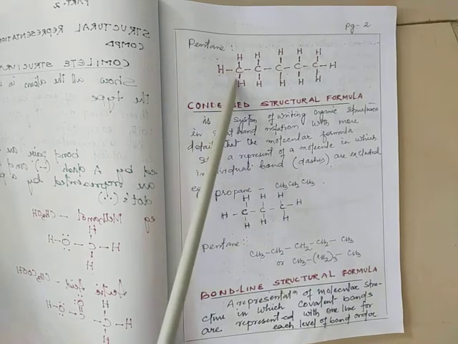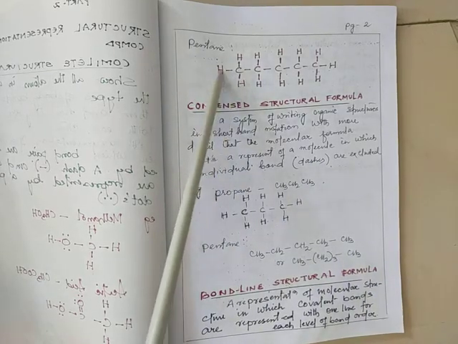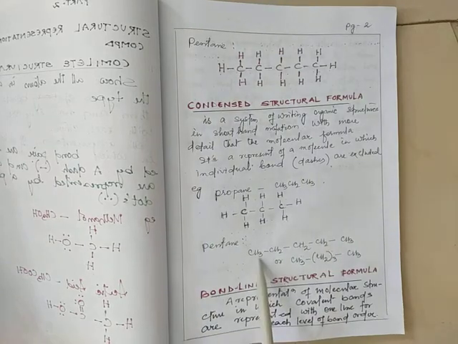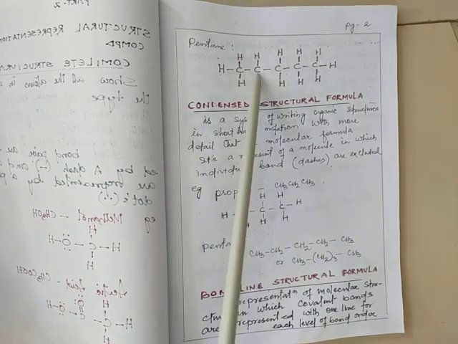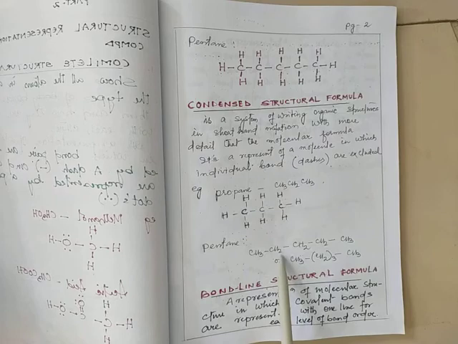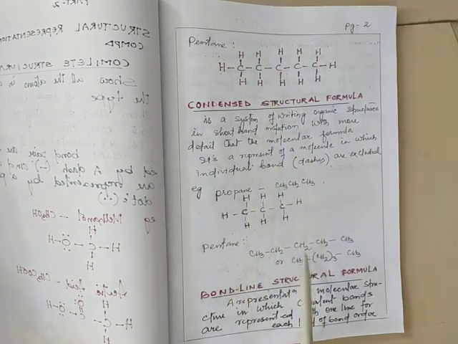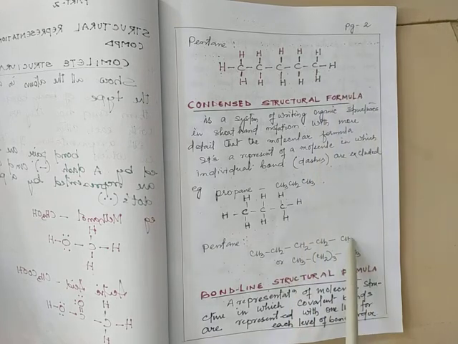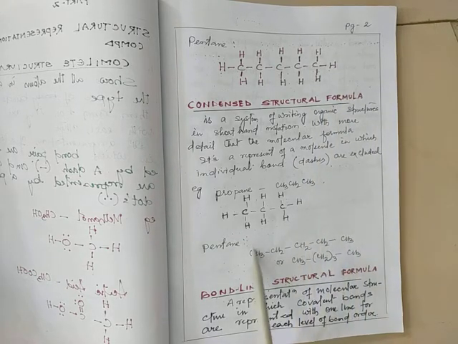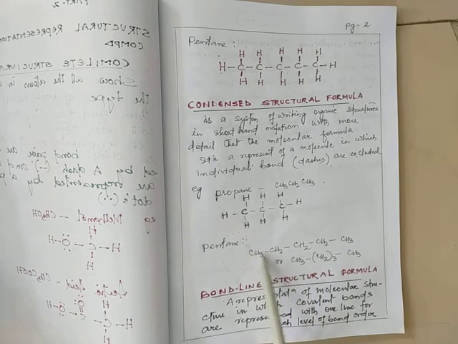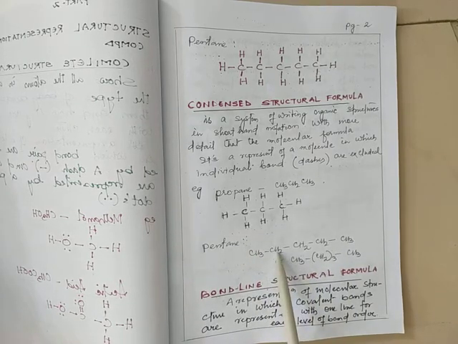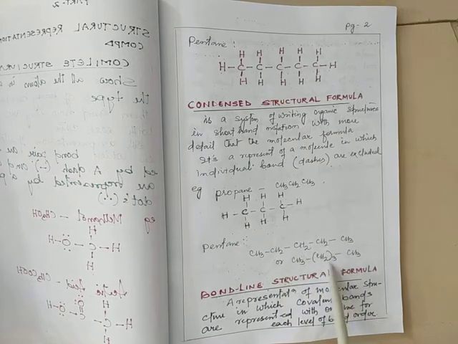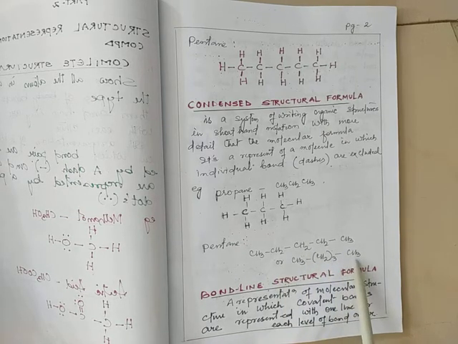Here CH3, then CH2, then another CH2, then another CH2, the last one is CH3. So this is a short form. Another way we can write is CH3 here, and then how many CH2 are there? 1, 2, 3, so CH2 with 3. So this is the condensed structural formula.